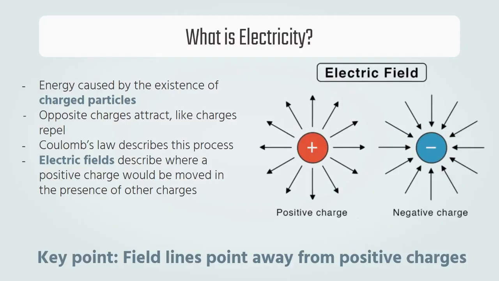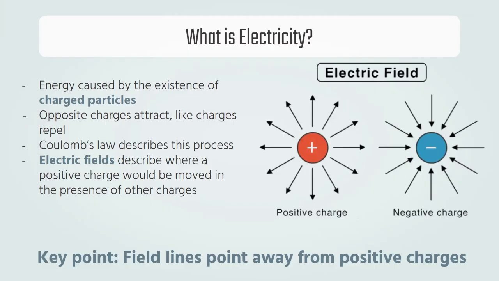Now, typically, we use electric fields to describe where a positive charge would be moved in the presence of other charges. Really, the idea of fields is a really helpful way to describe certain things in physics. The actual math of what fields are and how they allow us to do things is a little above the level of this class.